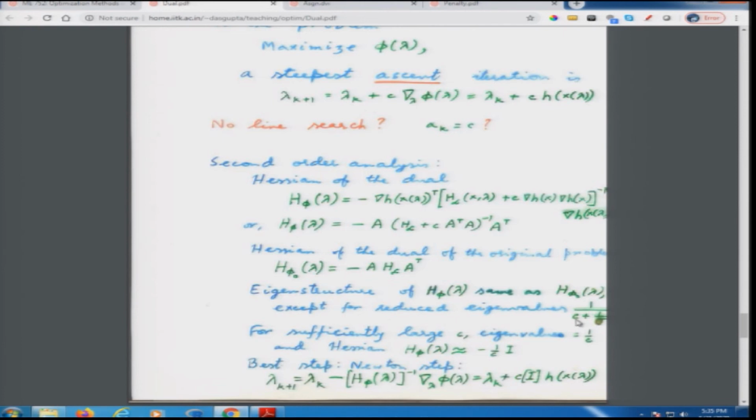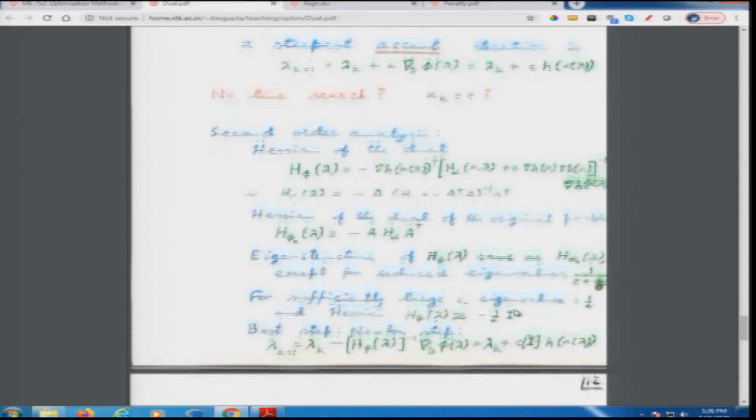And now, if C is sufficiently large, that is large compared to 1 by sigma 1, 1 by sigma 2, 1 by sigma 3 and so on, then all these fellows will be found very close to 1 by C, because in comparison to C, each of them will turn out to be less.